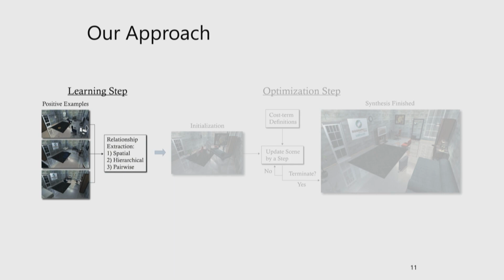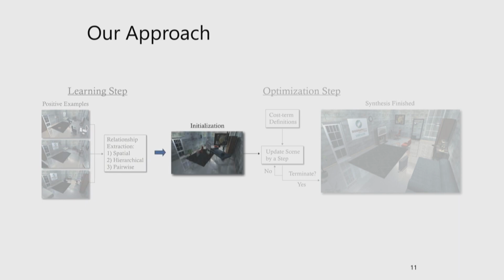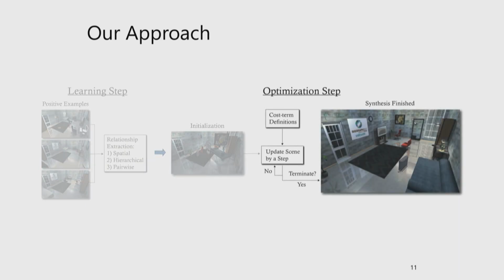The basic idea is that if you have some examples, you can use some machine learning techniques to extract common patterns that you observe from those examples. After that, you can formulate an optimization problem that generates something random, but not too random, in the sense that it should still respect the patterns observed from those examples. And of course, this is an optimization problem, and everything is very well defined.